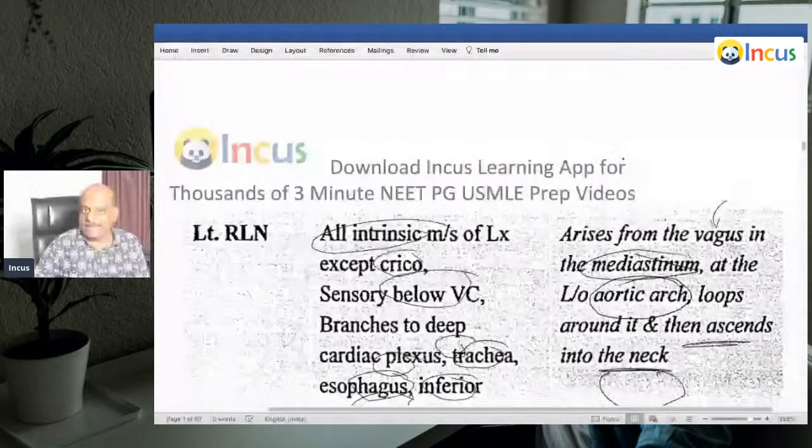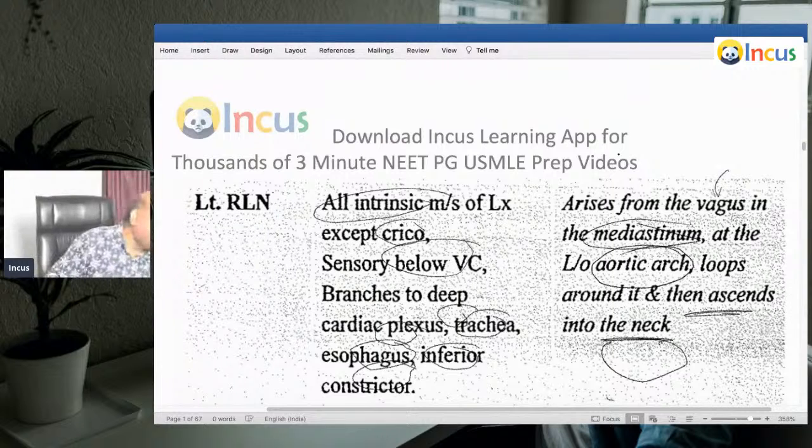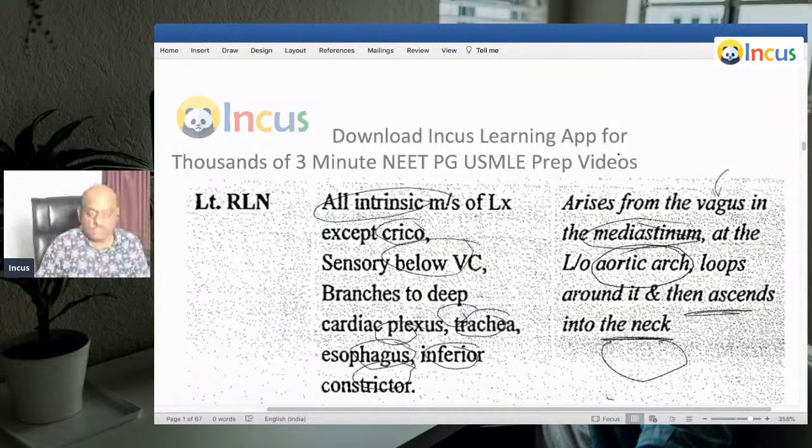That is the difference between the right and left recurrent laryngeal nerve, which you have to emphatically remember.